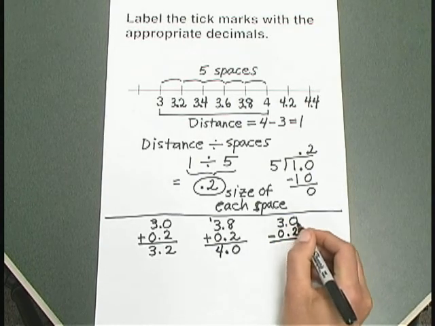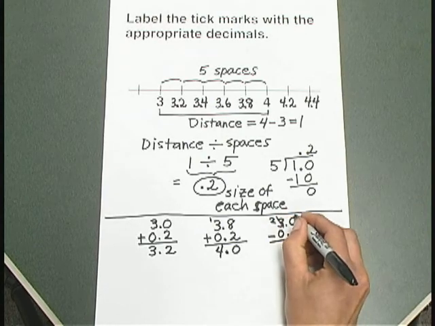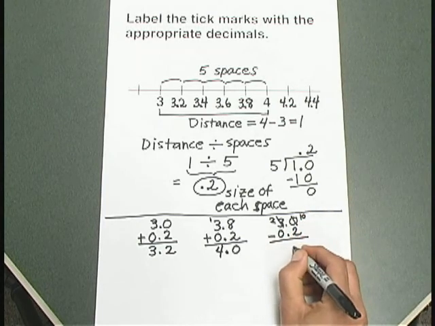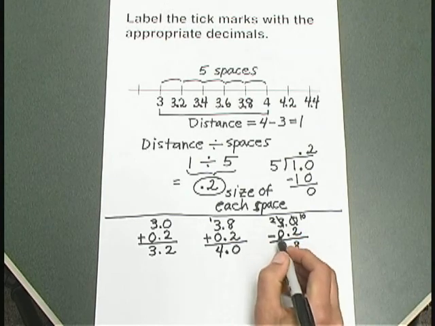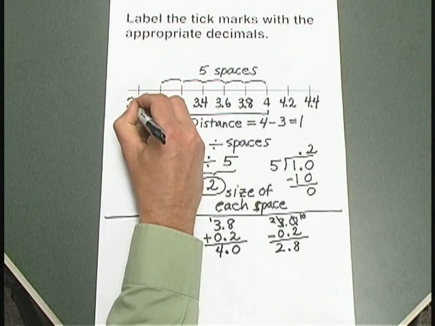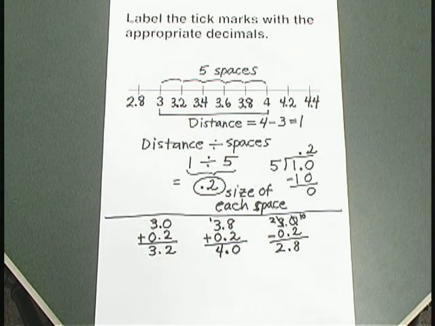To subtract here, I would need to borrow. 3 becomes 2, the 0 becomes a 10. 10 minus 2 is 8. That's just to the right of the decimal point. 2 minus 0 is 2. So just in front of the 3, I have 2.8, and there we have all the tick marks labeled.